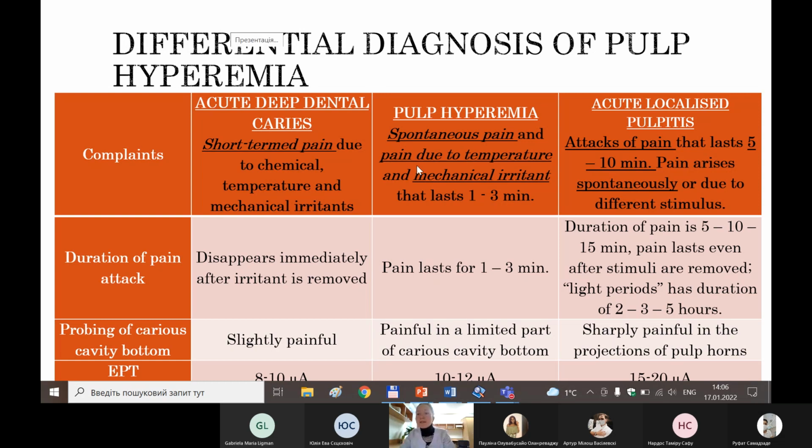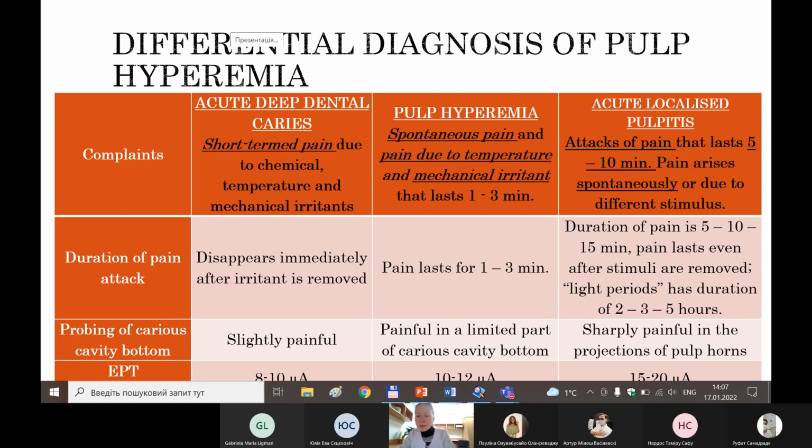Acute localized pulpitis, as opposed to pulp hyperemia, will have a longer period of pain attack, 5-10 minutes. But pain is the same, it will arise spontaneously or due to different stimuli. Duration of pain is from 5 till 15 minutes.